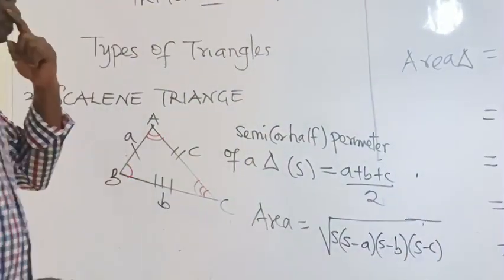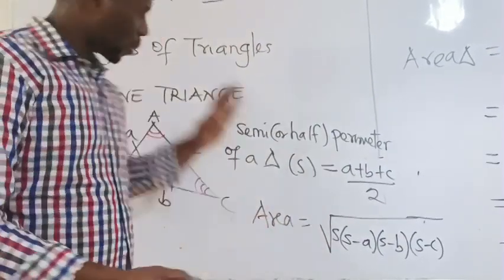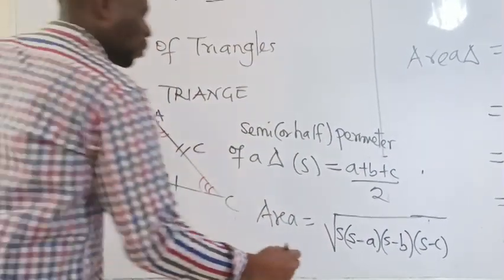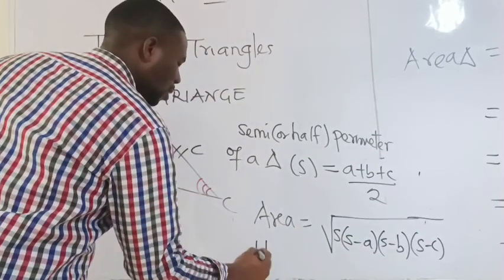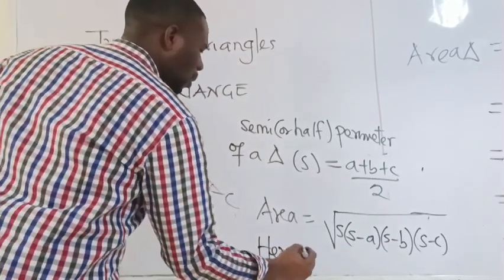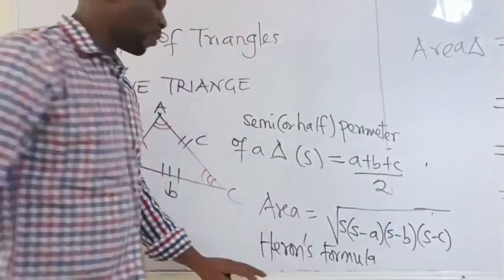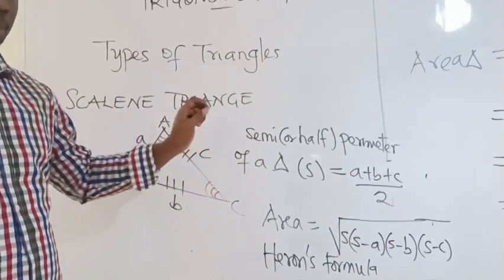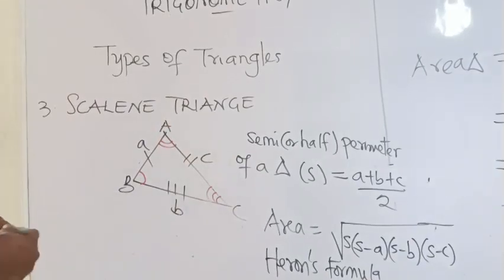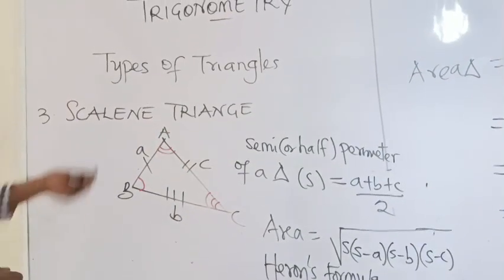And when you take the square root out of this, okay, you get the area. And by the way, this formula is called Heron's formula, okay? Some textbooks use Hero, but it's actually Heron's formula.